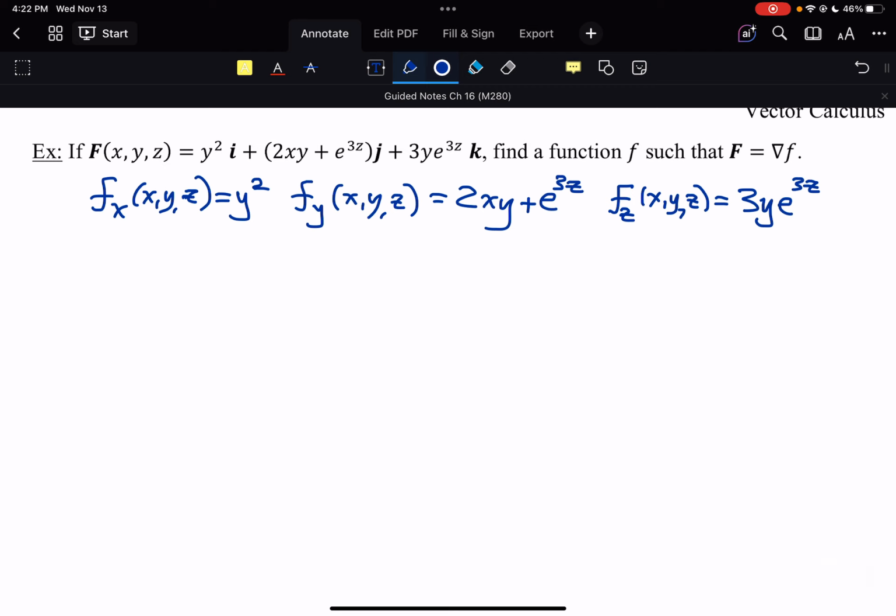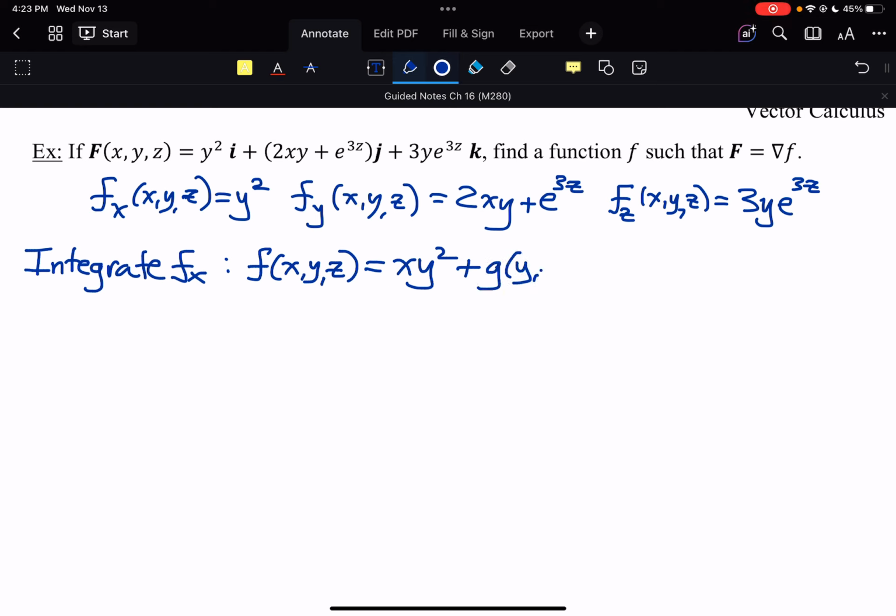So we're going to integrate fx. So we're going to get f of xyz equals xy squared plus an unknown constant, but that unknown constant can contain y's because it's treated like a constant, and it can contain z's. So we're going to have g of yz here.